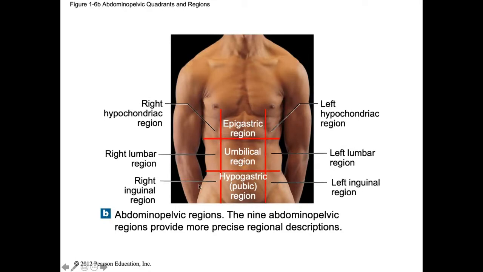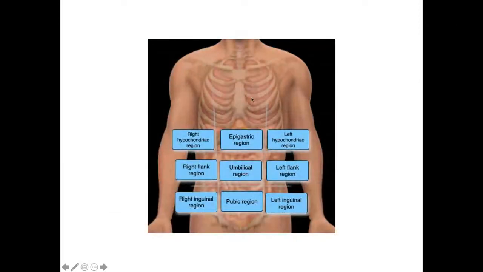Then we have the left inguinal, which is the left groin, and then you have the right inguinal, which is the right groin region. Then there's the left lumbar and right lumbar. Sometimes these left lumbars and right lumbars are called left flank and right flank. And then you have a left hypochondriac and right hypochondriac. Chondria is ribs and cartilage. So there's the left hypochondriac region and a right hypochondriac region.